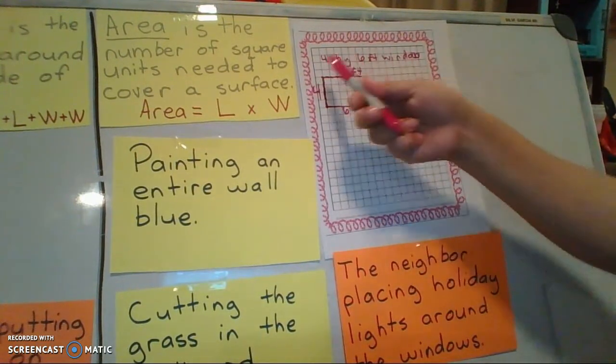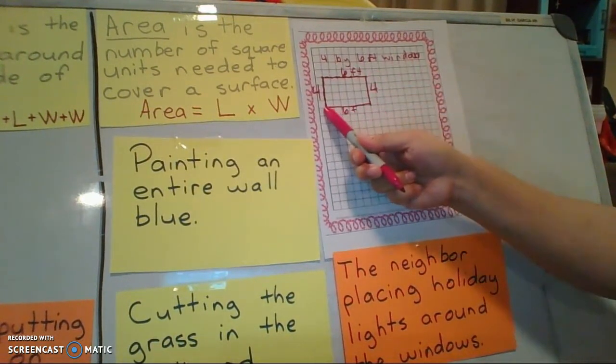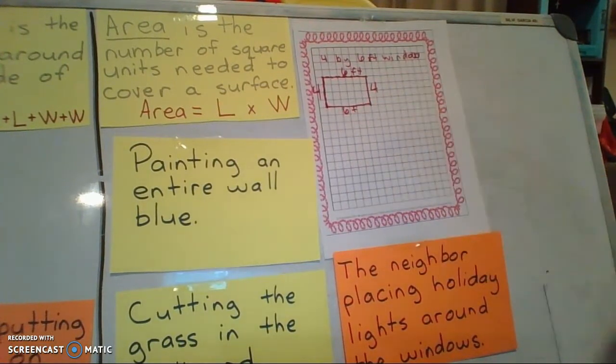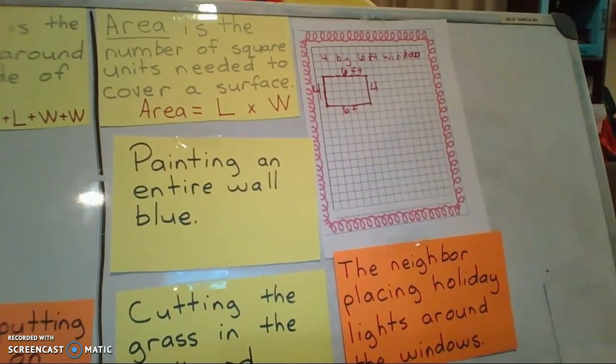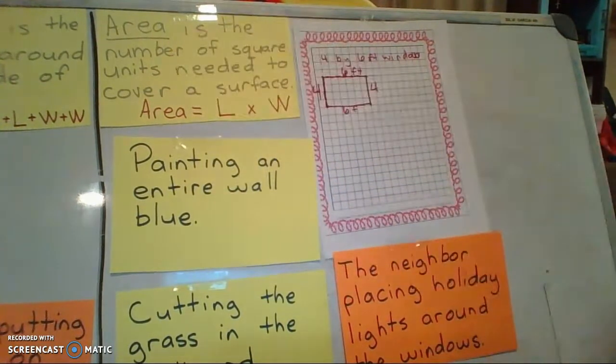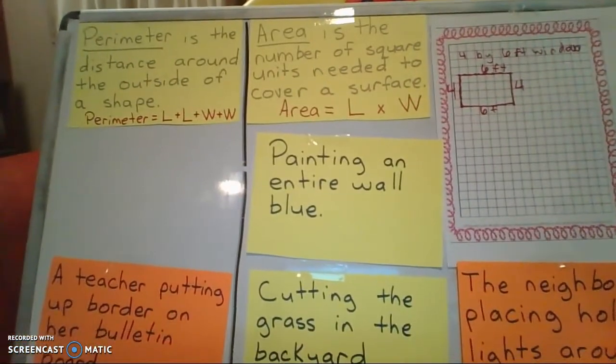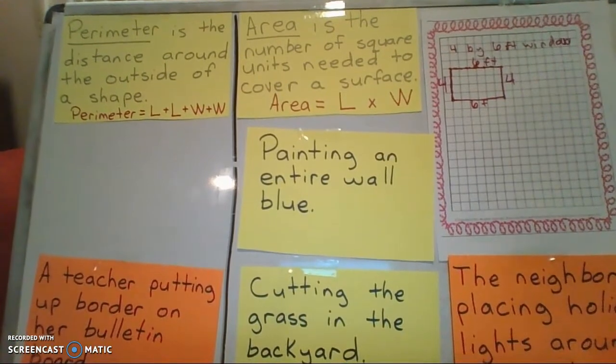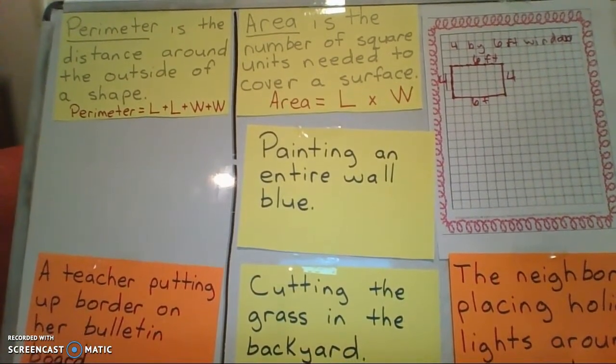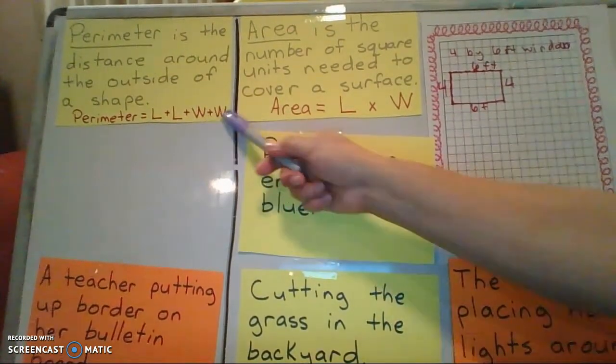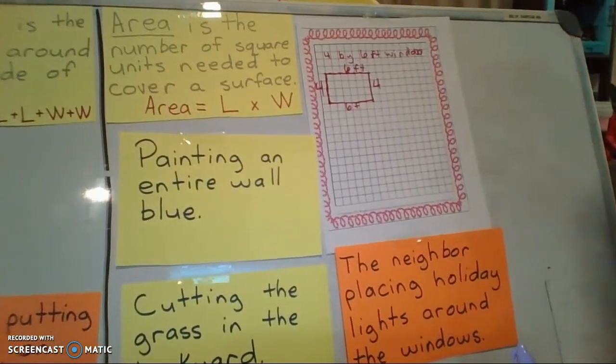And the neighbor wants to place the holiday lights all the way around. And if I look at my formula for perimeter, it says to add the length plus the length and the width plus the width. So I'm going to do that now.